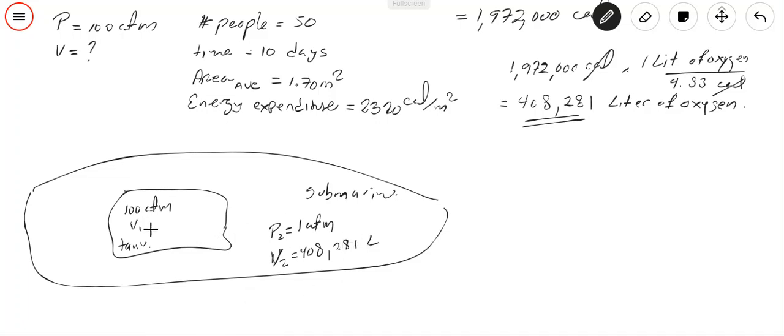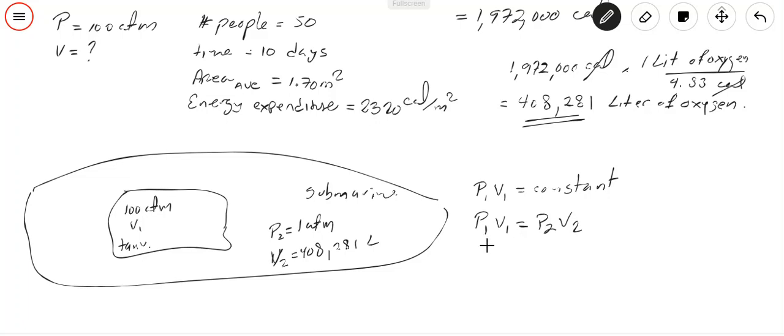So what we want to know is the volume of the tank that is going to be able to hold all this volume of oxygen, if we have a pressure in the tank of 100 atmospheres. That's why we say that the product of the pressure times the volume is constant. So P1 V1 is equal to P2 V2.